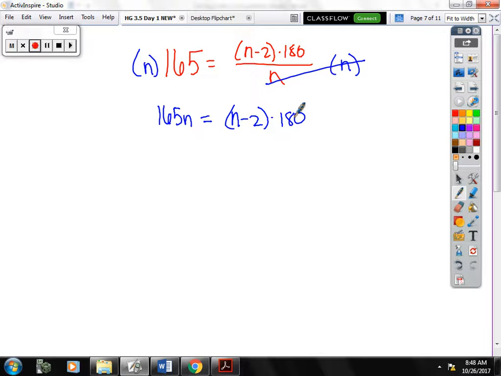What's the next thing I would need to do? I have n's on both sides, right? I'm going to need to get the other n over. I unfortunately can't move it with the 2, so I do actually need to distribute. Now you are distributing backwards because the 180 happens to be at the end.